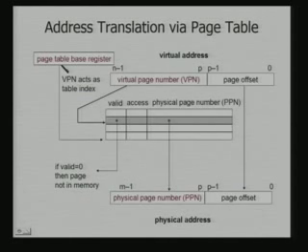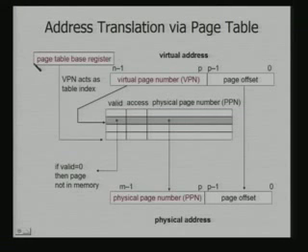When I switch from one process to another, my page table would change because each process has its own page table. So, changing the page table essentially implies changing the page table base register value. The virtual page number is like an offset added to the content of the page table base register to access the location in the page table which has the physical page number.